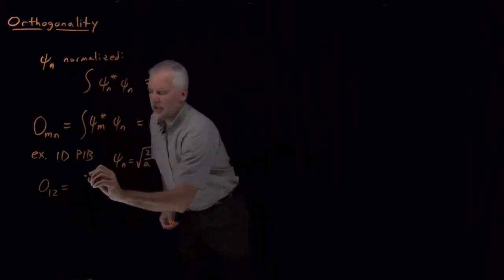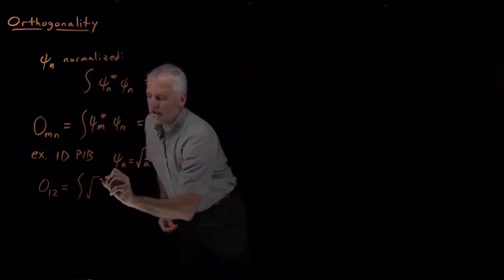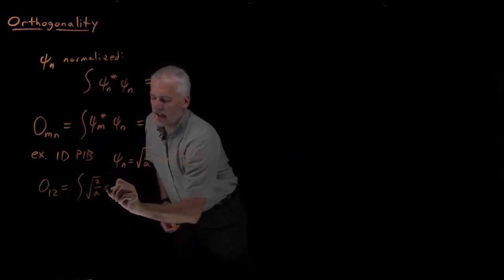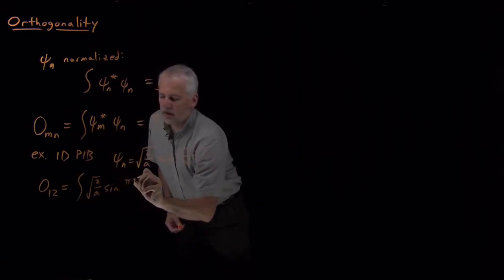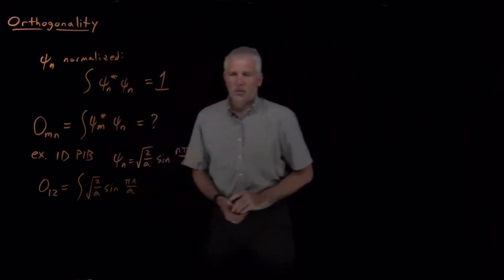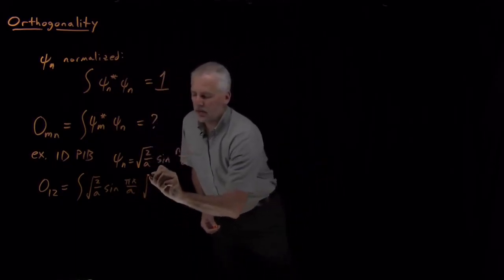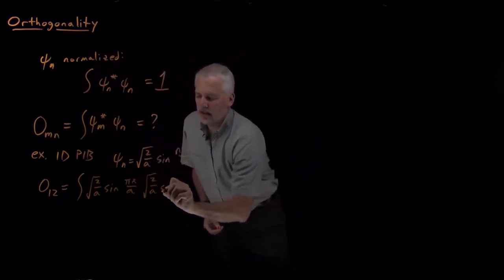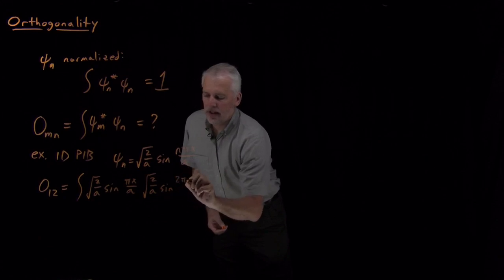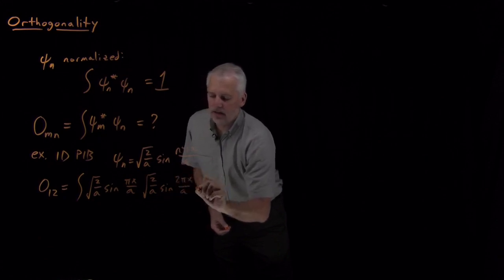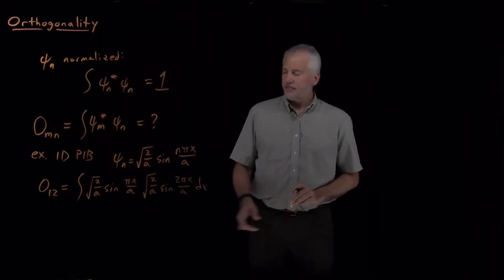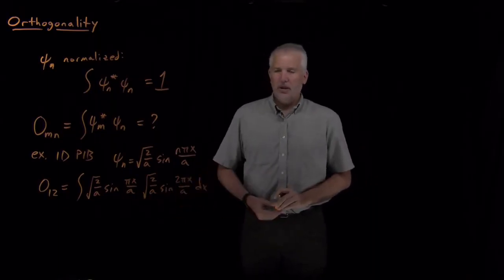So with our definition, that's the integral of the product: root 2 over a sine pi x over a when n equals 1, and root 2 over a sine 2 pi x over a when n equals 2.